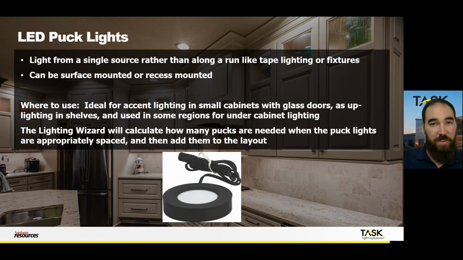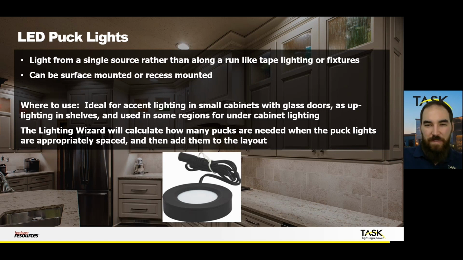So they have a wide variety of options. It's not just accent lighting. The puck light is obviously round. It can be surface mounted or recessed. When I say that, what I mean is it can be installed in such a way that the entire puck light is just mounted to the surface with a simple screw attachment, or a circular hole can be cut out of the object, and then the puck light recesses down into that, and it's got a nice pretty little flange that goes around it to keep it a clean installation as well.